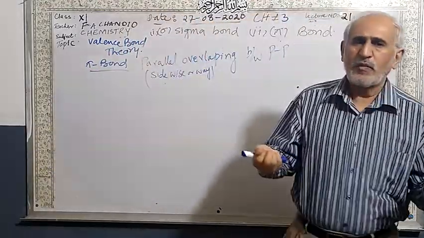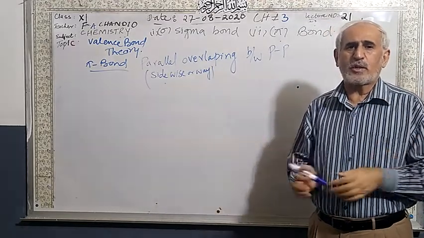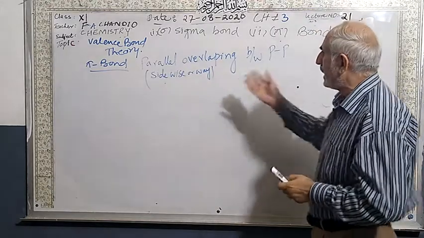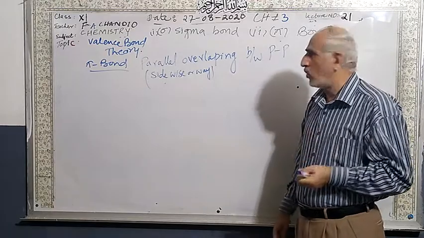So hydrogen only has one electron, it can only form a sigma bond. There is no choice for the pi bond, no ability. So P, maybe Px, maybe Py, maybe Pz, they can be involved.